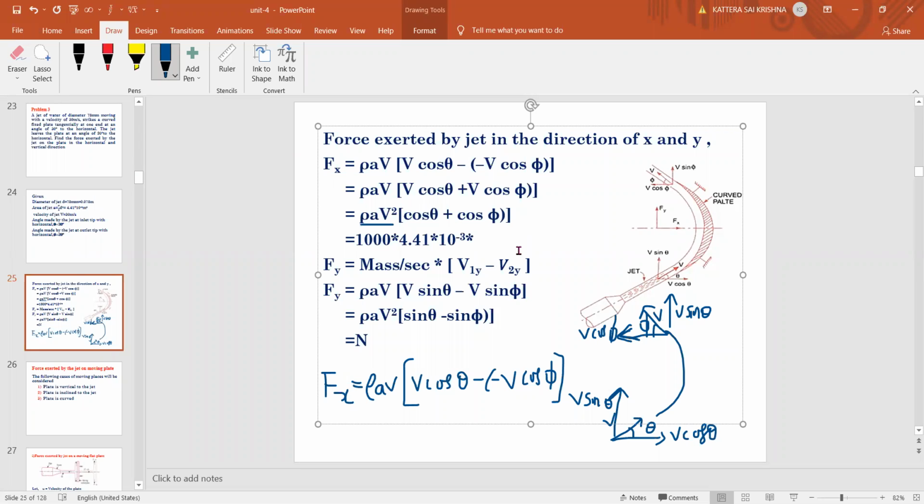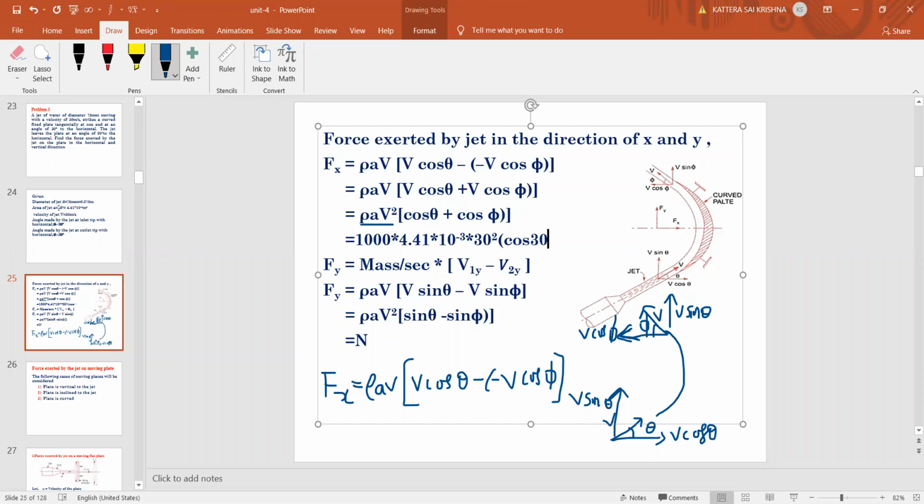What is the velocity given to us? 30, squared. Next, what is the inlet angle?